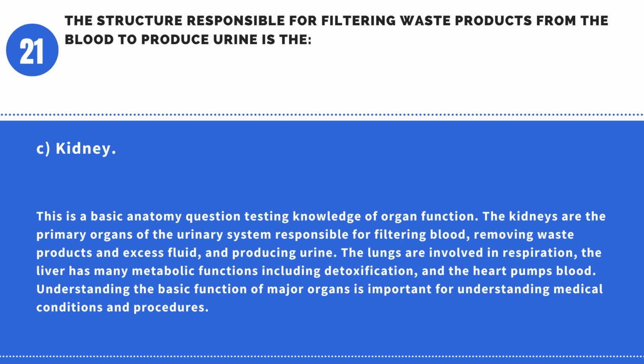The kidneys are the primary organs of the urinary system responsible for filtering blood, removing waste products and excess fluid, and producing urine. The lungs are involved in respiration, the liver has many metabolic functions including detoxification, and the heart pumps blood. Understanding the basic function of major organs is important for understanding medical conditions and procedures.